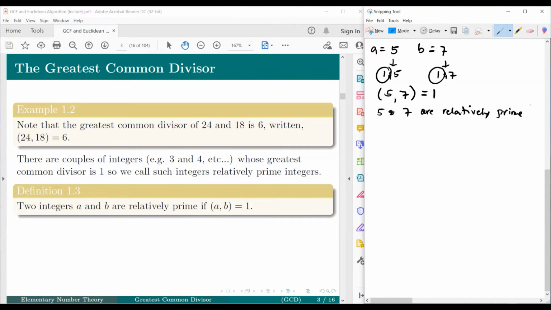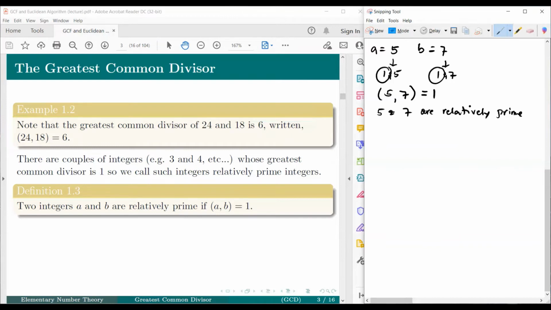Now, notice here that 5 and 7 are prime numbers. Hence, all distinct prime numbers are relatively prime because we know that a prime number has divisors 1 and itself. Follow?